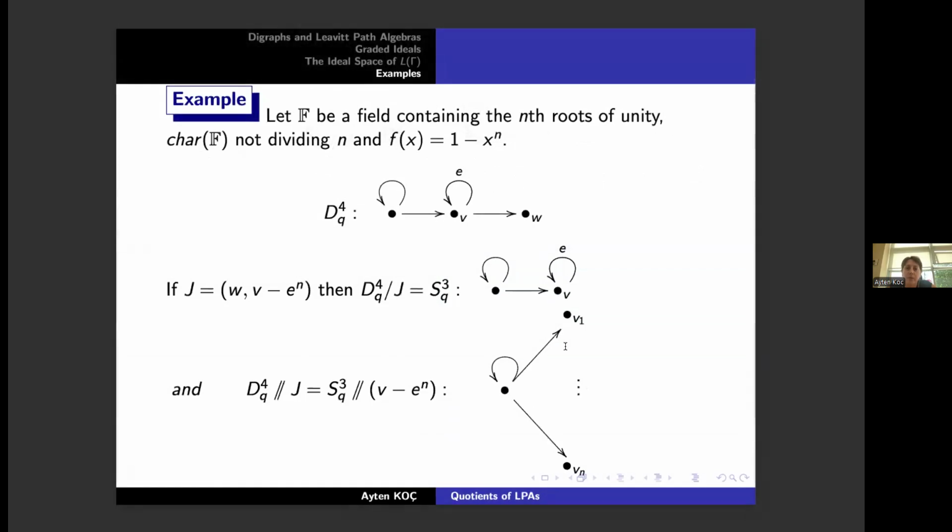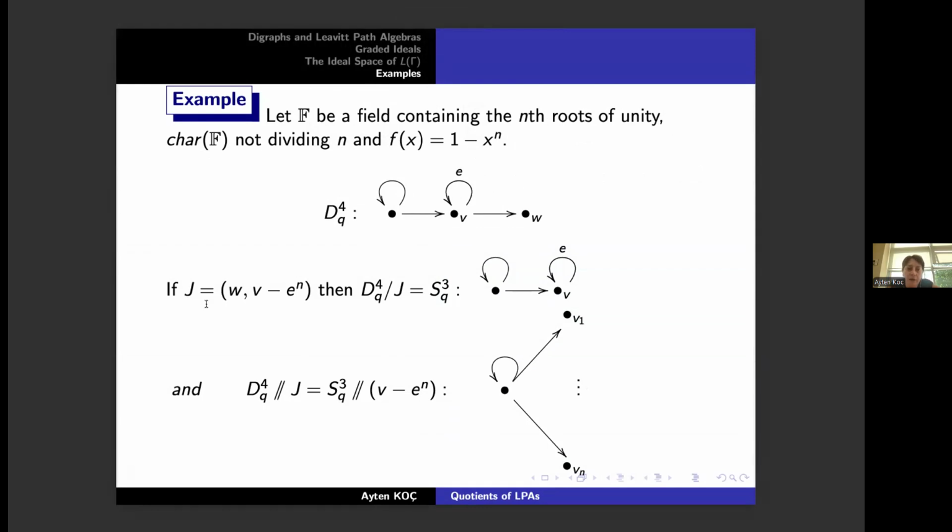And another example, let F be a field containing the n roots of unity, with characteristic of F not dividing n, and our polynomial is 1 minus x^n here, and consider this diagram.